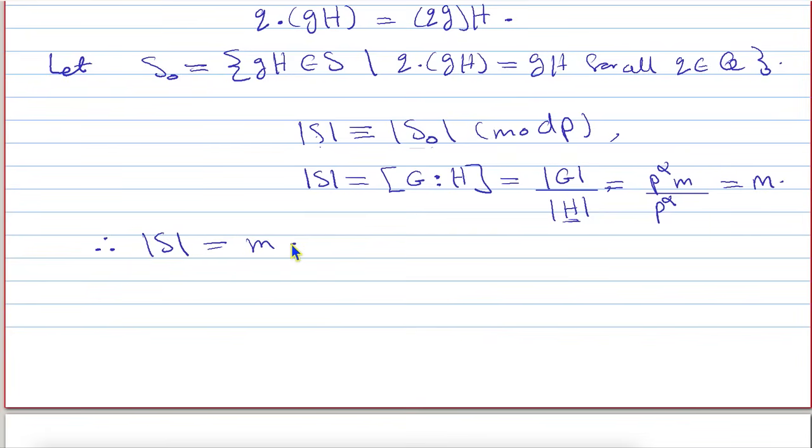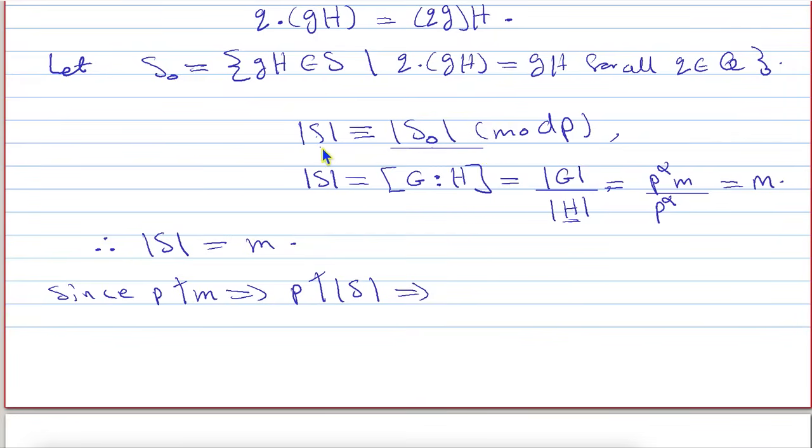Okay, now since the prime number p does not divide m, this implies p does not divide the size of S. But this also means that p cannot divide the size of S naught, okay?